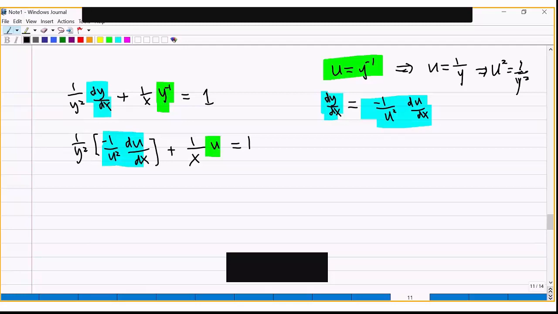So this 1 over y squared is actually your u squared here. So this u squared times minus 1 over u squared du/dx plus 1 over x times u equal to 1.